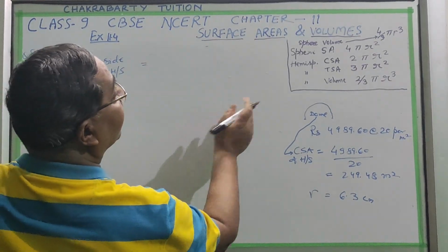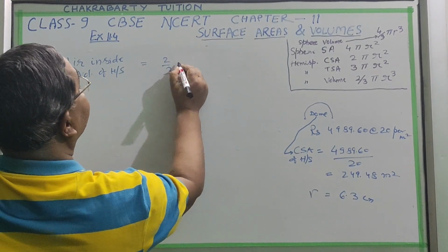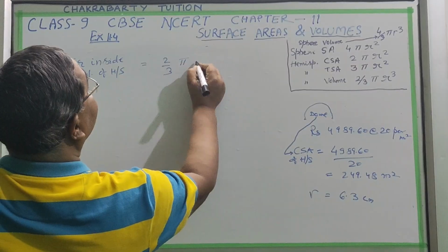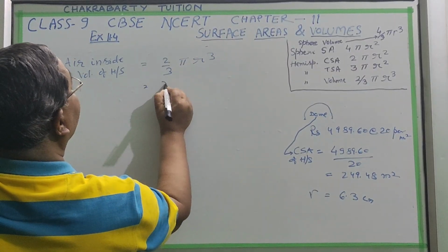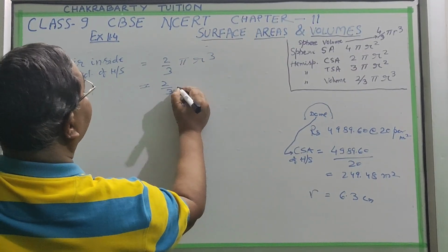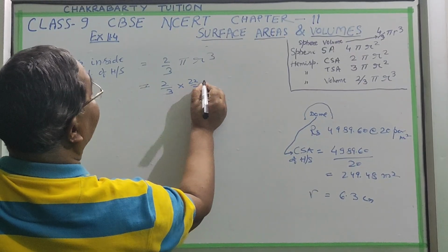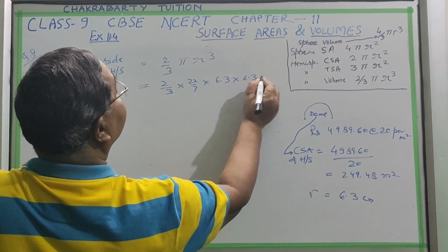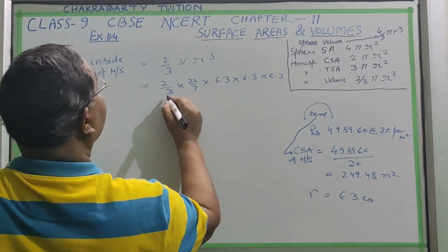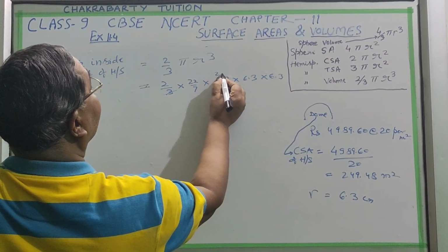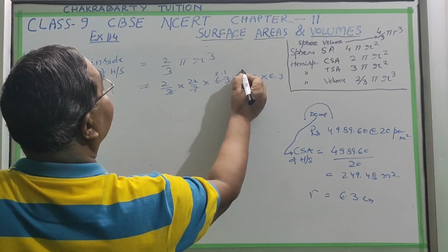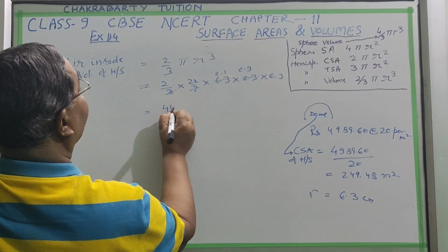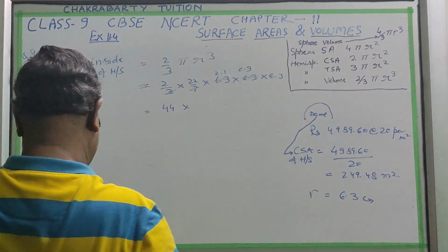Volume is equal to 2 by 3 pi r cube, which is 2 by 3 into 22 by 7 into 6.3 into 6.3 into 6.3. By 3 we can cut it, 2.1. By 7 we can cut it, 0.9. And by this 44. Here I am using the calculator.